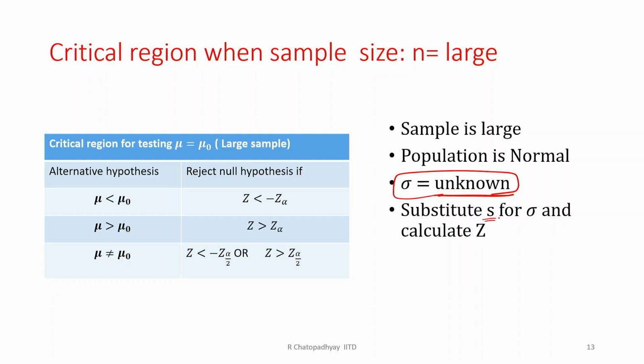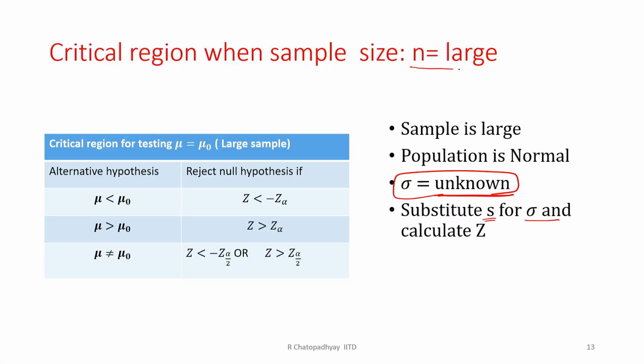Substitute S for sigma. S is the sample standard deviation. So in this case, we can use the sample standard deviation as a substitute for population standard deviation, provided n is large and population is also normal. These are the two assumptions.